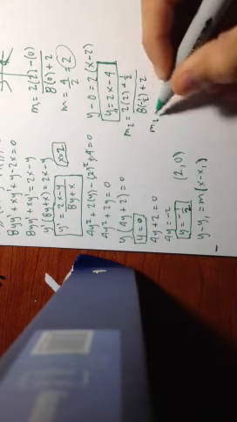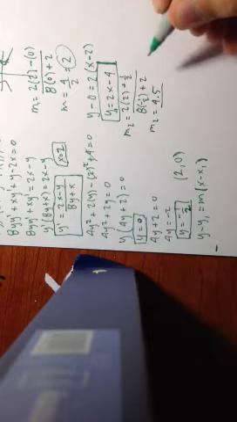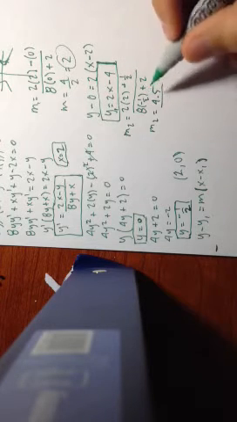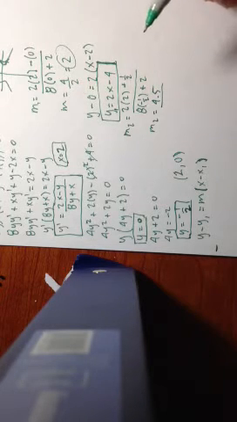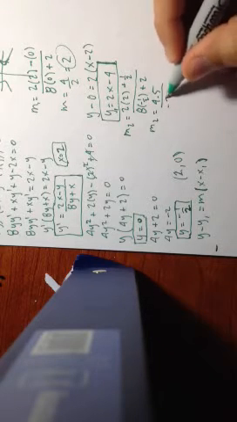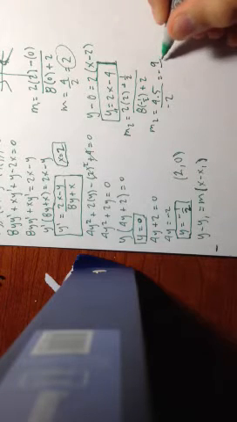So m2 is going to be 4.5 over 4 times negative 1/2 plus 2, which is negative 4 plus 2, negative 2, so 9 over negative 4, negative 9/4.